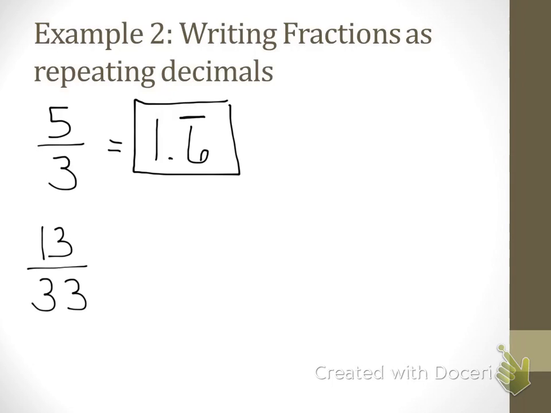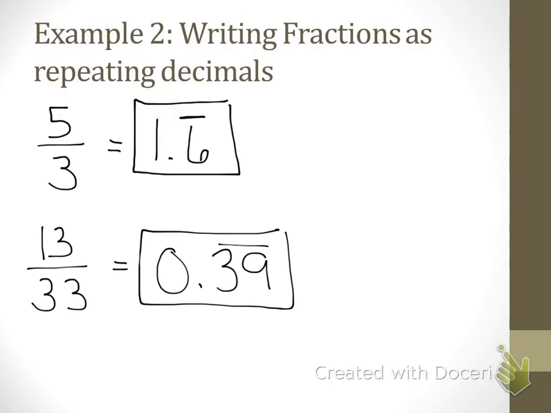What'd you get, Larry, for your decimal? 0.39 repeating. Now, are both numbers repeating? No, both numbers are repeating. Okay, so both the 3 and the 9 are repeating, so the bar needs to go above each number.